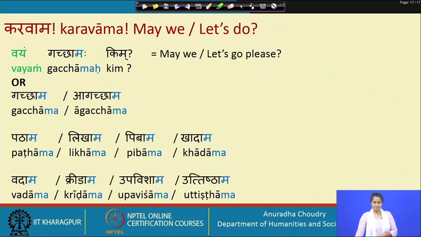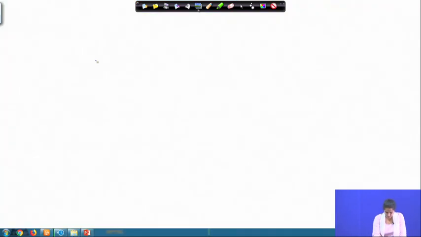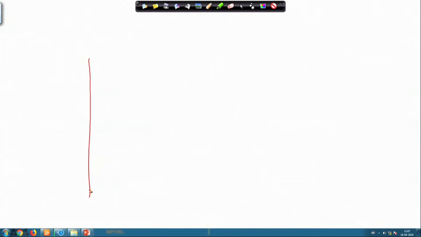Okay, so now what I'd like to do is to present to you the grid of the pronouns using which the verbs are conjugated. So I'll try and draw this out for you on a table and I'll try and do it as neatly as I can. So we have a grid here, a grid of 3 by 3. So in the first column, I'll give you the different pronouns.